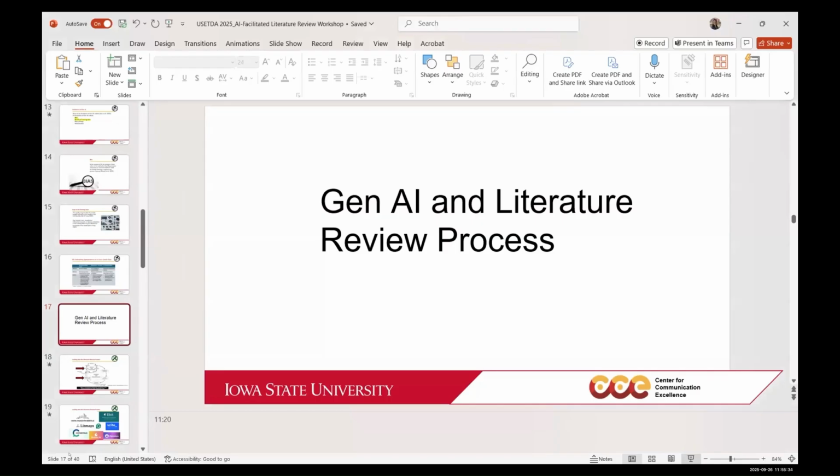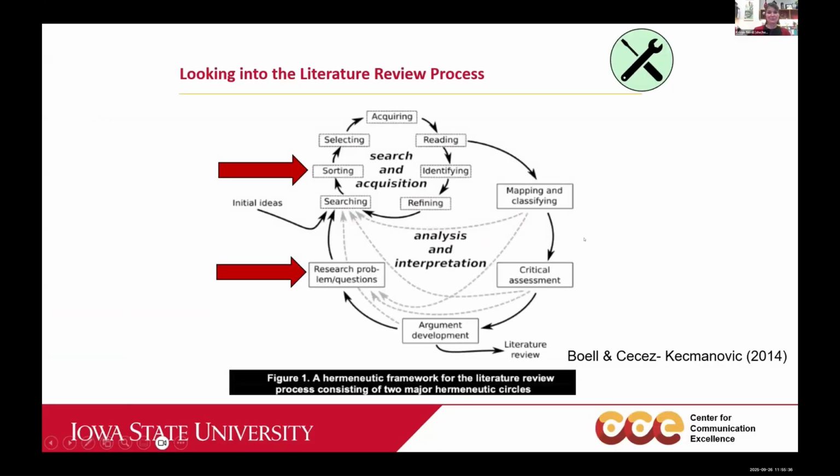So GenAI and the lit review process. Like Megan O'Donnell was saying yesterday, there's not just one literature review process. There are many different ways to conduct a literature review.